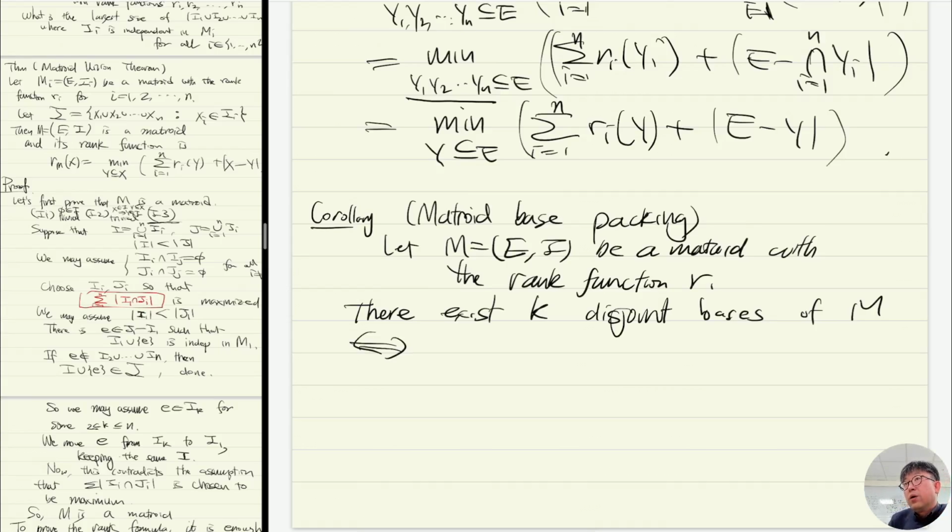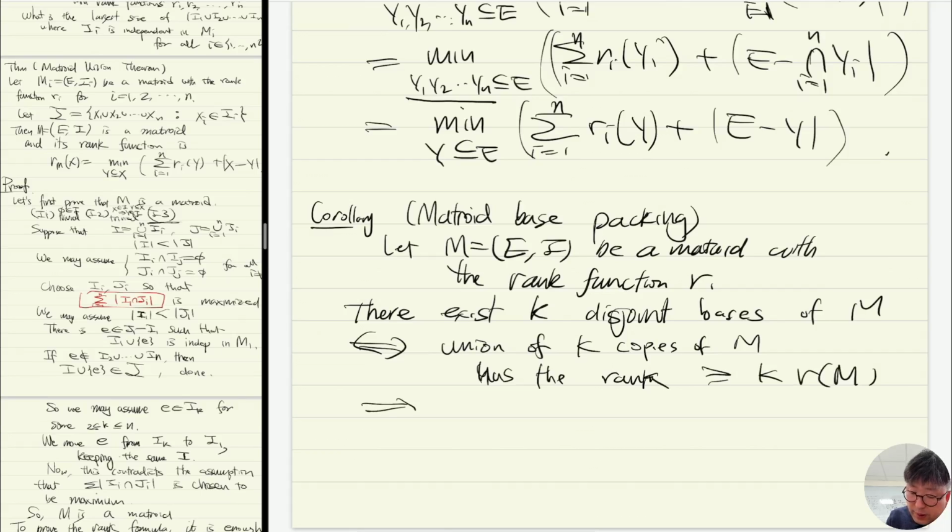When does it happen? Well, it happens if the union of k copies of M has rank at least k times the rank of M. If the union of k copies of the matroid M has rank equal to k times the rank of M, then you must have k disjoint bases, which don't meet each other. So what does that mean?